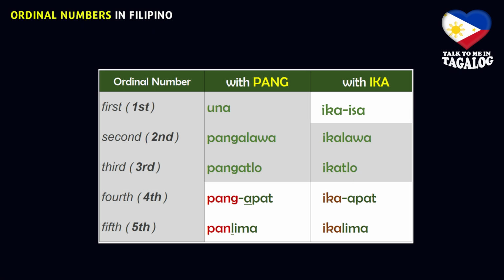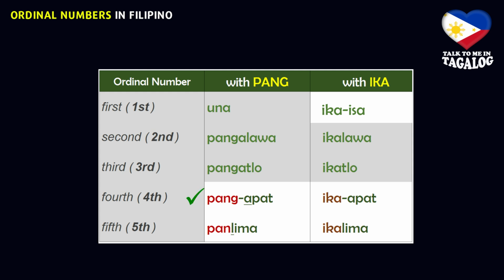Let's start forming ordinal numbers with these three irregular numbers. There are no rules to follow here, just memorize them. The ordinal number first in Tagalog under the prefix pang is una, not pang-una, just una. Second is pangalawa, not pangdalawa, but pangalawa. Third is pangatlo, not pangtatlo, it's pangatlo.